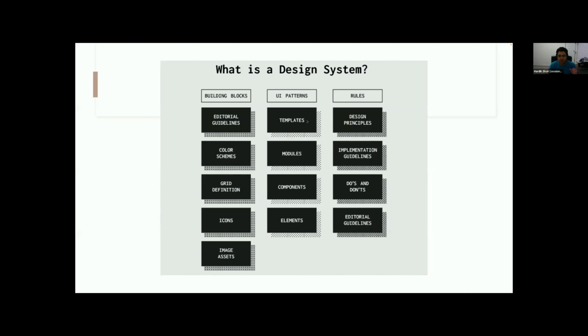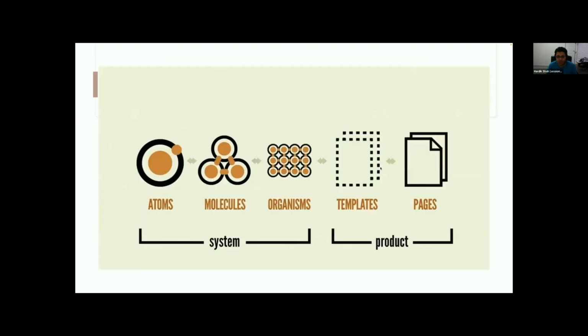Design systems also have UI patterns, and the flow goes from the bottom to the top. It will have certain elements like text boxes and buttons, which are defined as part of the component library. This component library will be part of a module, and these modules could be imported by templates to build layouts. Similarly, a design system will have design principles, implementation guidelines, and several do's and don'ts.